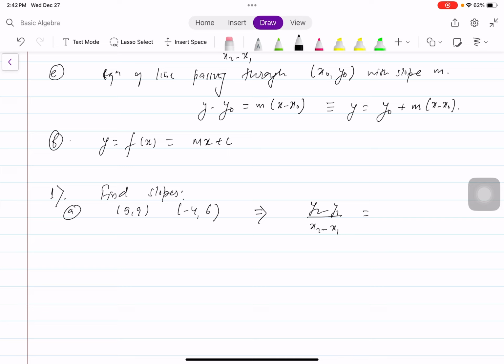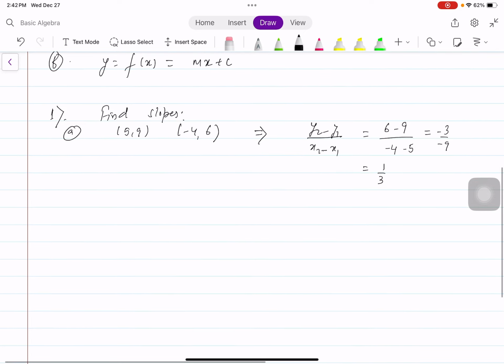If you start from here, x1 y1, it doesn't matter. So 6 minus 9 over negative 4 minus 5, which is negative 3 over negative 9, which is 1 over 3. Similarly, I strongly recommend solving the other problems listed here.